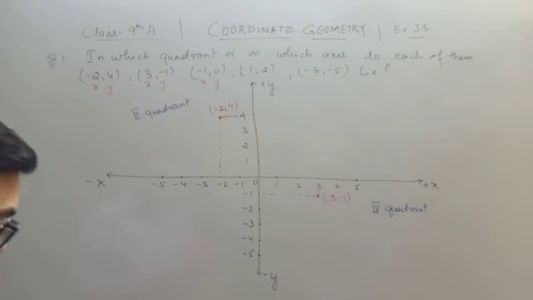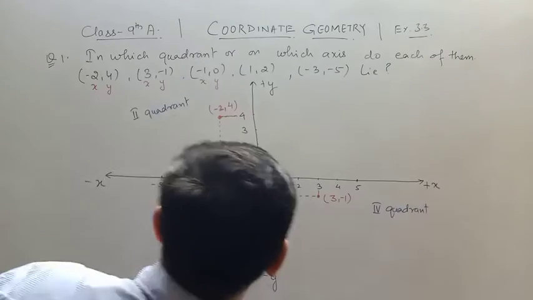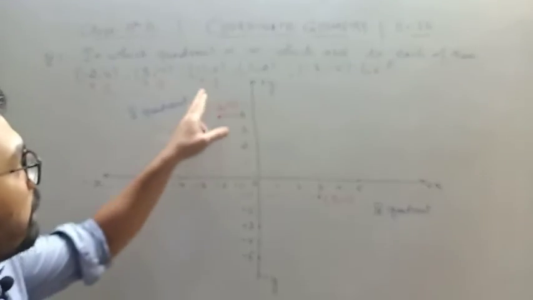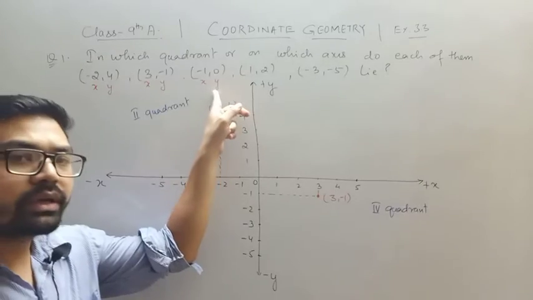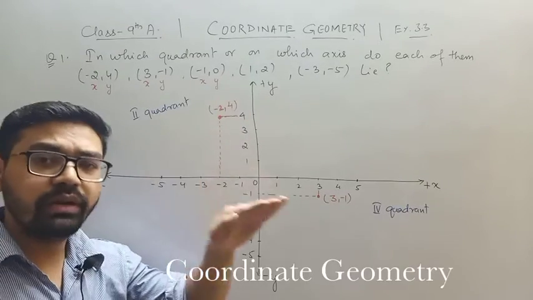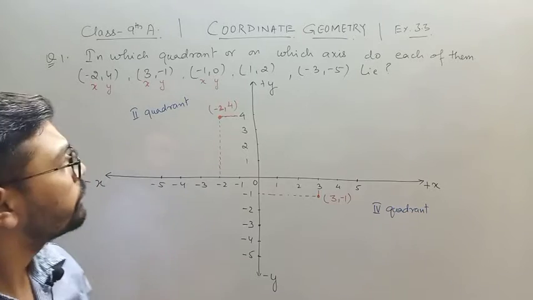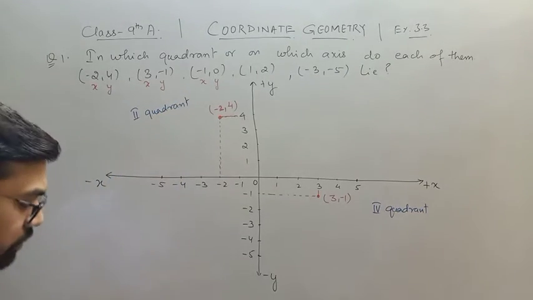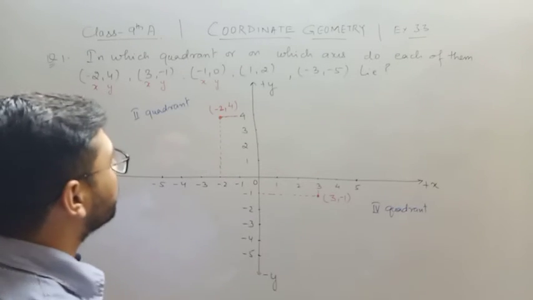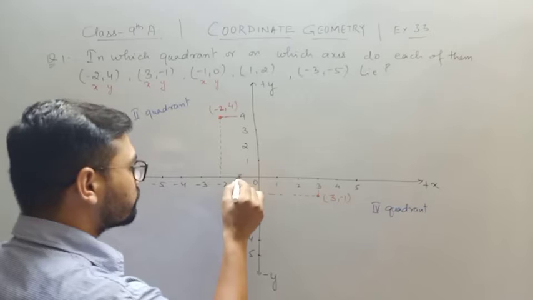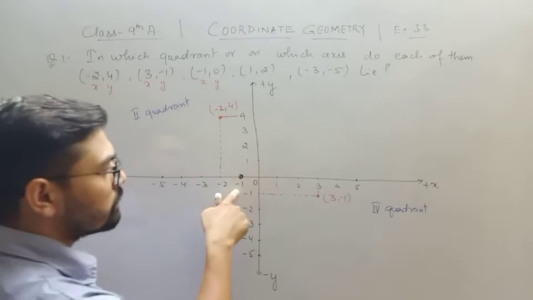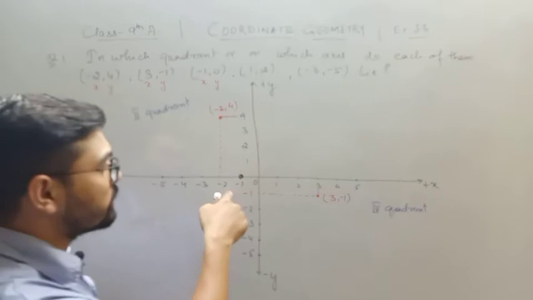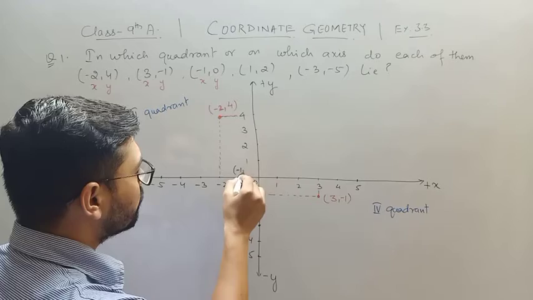Then -1 comma 0. Now for -1 comma 0, if the y coordinate is 0, that means this point lies on the x-axis itself. So -1 comma 0, this point will lie here.